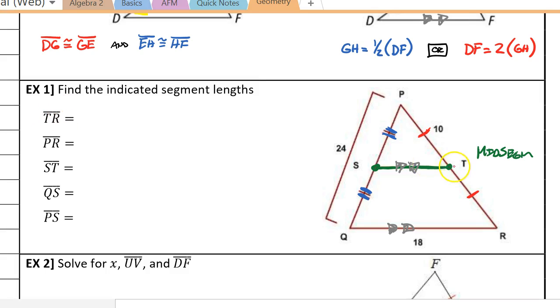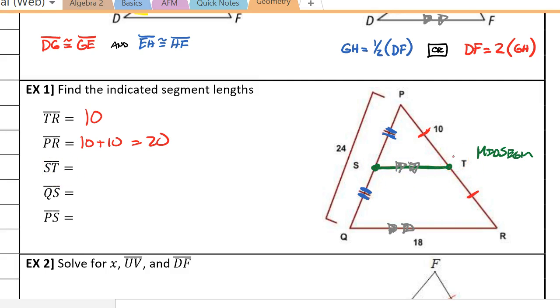TR, here is TR. Well, TR I know is congruent to PT, so that must be equal to 10. PR is the full side length, so 10 plus 10 is equal to 20. ST, that is my midsegment.